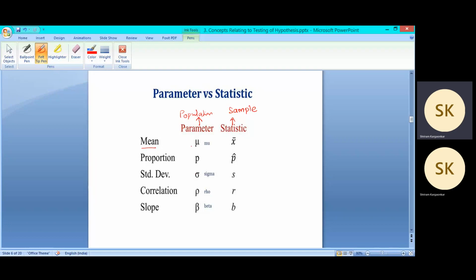This is the population mean, denoted by the symbol mu, and this is the sample mean, x bar. Population proportion is capital P, and sample proportion is small p. Standard deviation is sigma, and this is small s. Correlation is rho and small r. Slope is beta and small b. So these are the various symbols which are commonly used.